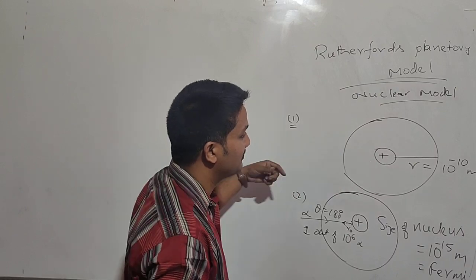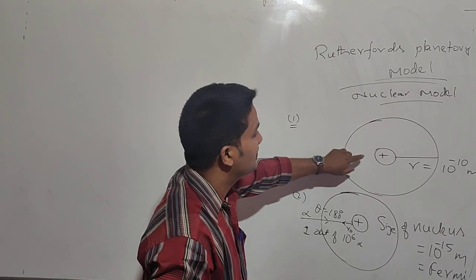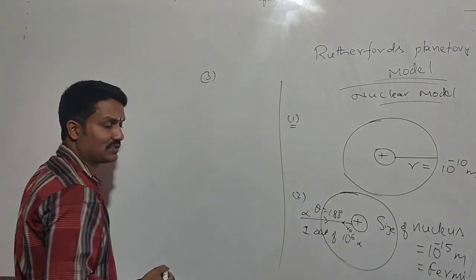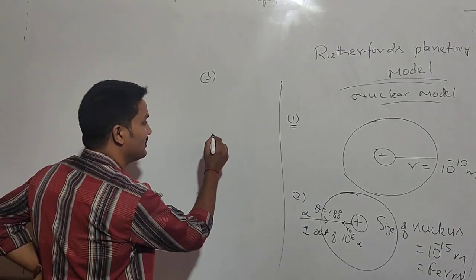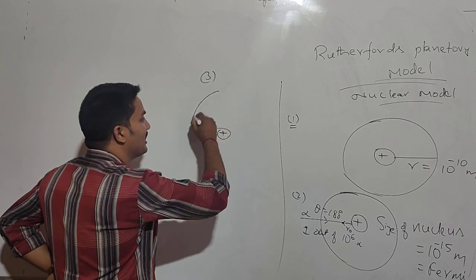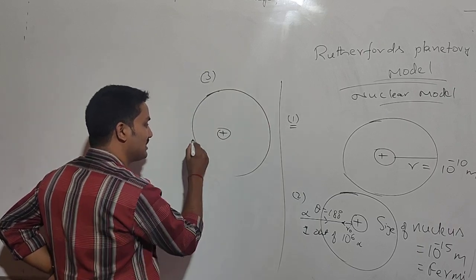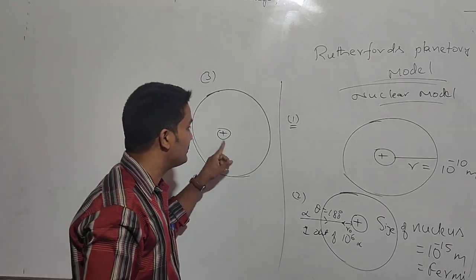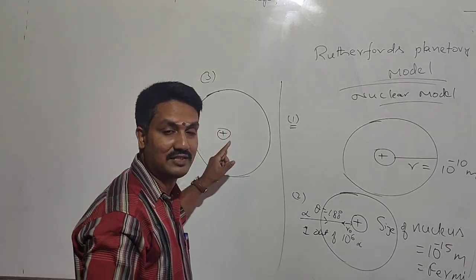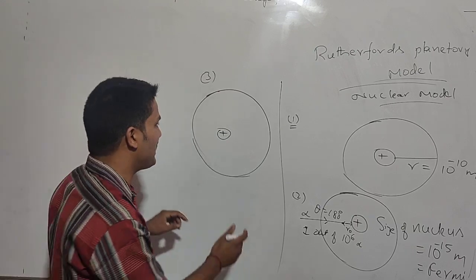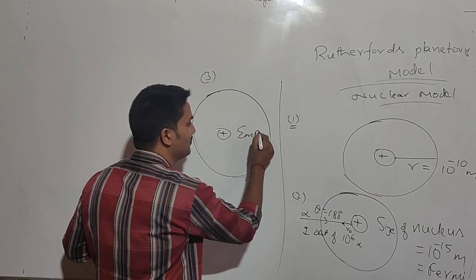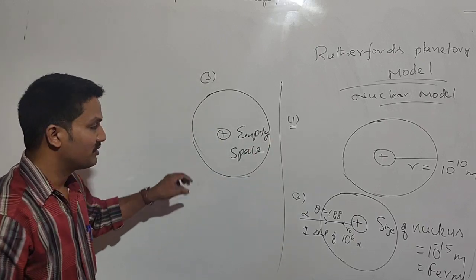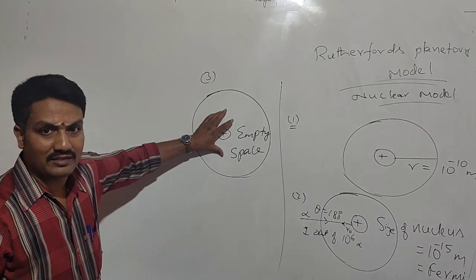Similarly, the third postulate says that in between the nucleus and the electrons around the nucleus there is a hollow, empty space. Why?